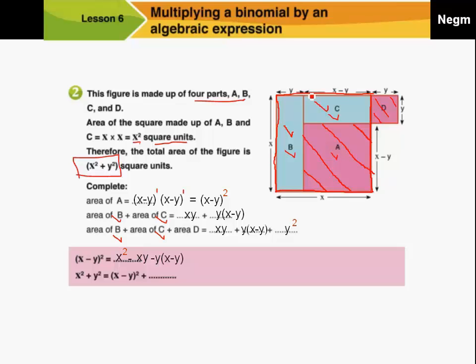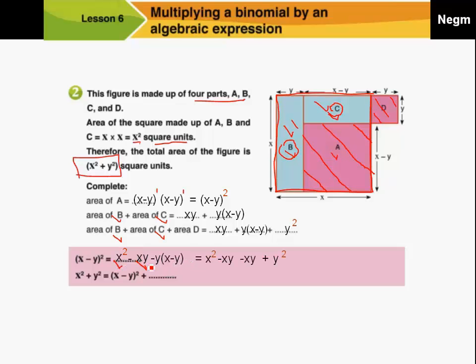It is equal. The area of the square is x multiplied by x, which is x squared, minus the area of B, which is x multiplied by y, minus x multiplied by y, minus this area, which is y multiplied by x minus y, minus y multiplied by x minus y.